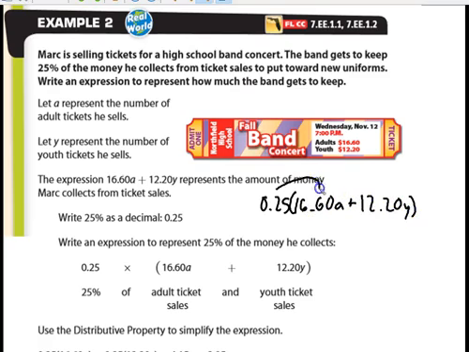And then I'm going to distribute to that. Okay? So it's really 0.25 times 16.60A plus 0.25 times 12.20Y.